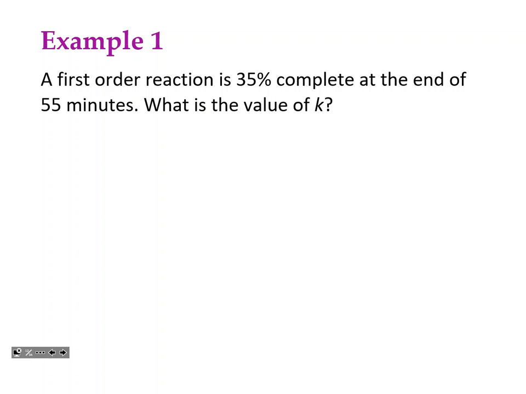All right, let's look at example 1. This is a first order kinetics problem because it tells us it's a first order reaction. 35% complete at the end of 55 minutes. What is the value of k? Well, 35% and 55 minutes are two key data points that we need.